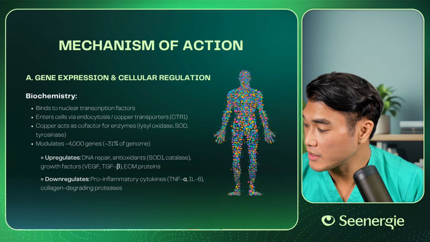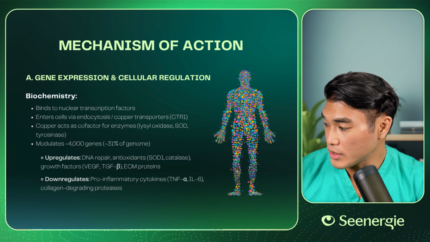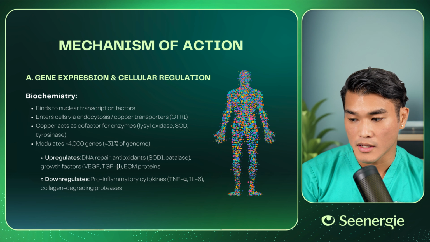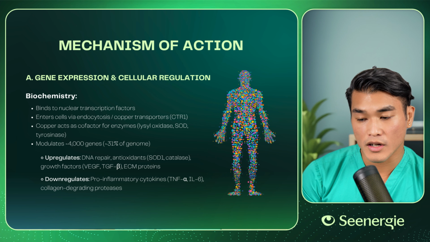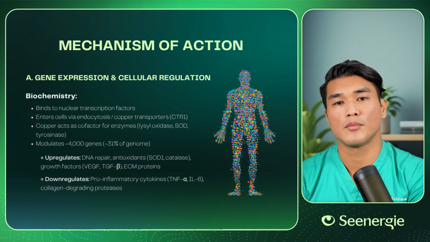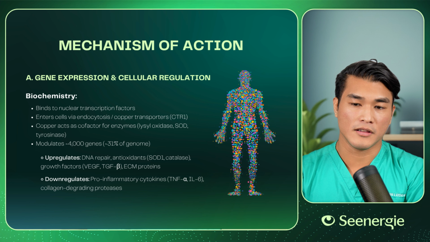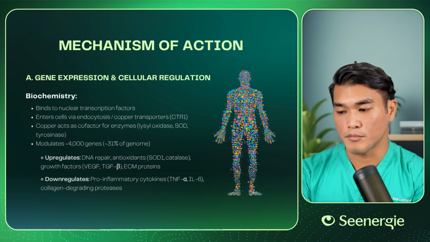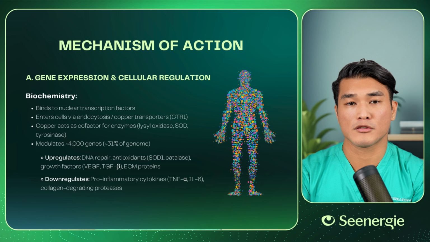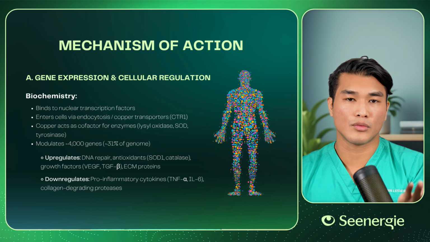It upregulates DNA repair enzymes, so it makes them work better. It also upregulates antioxidant genes such as superoxide dismutase 1 and catalase. It upregulates growth factors, things that promote growth and regeneration like VEGF, or vascular endothelial growth factor, and TGF beta, and it also upregulates your extracellular matrix proteins. So that's all of the good things that it makes work better.